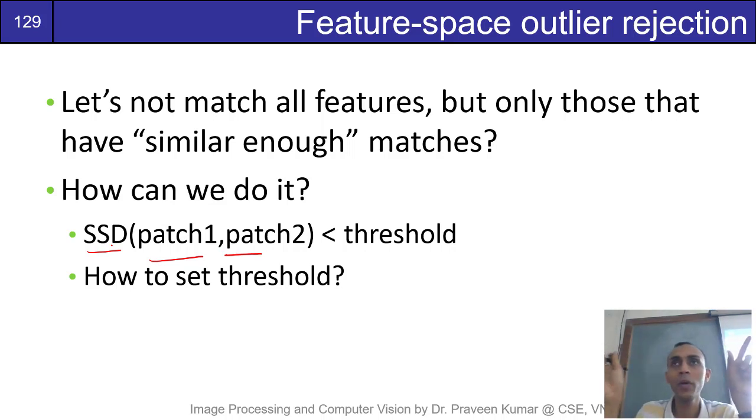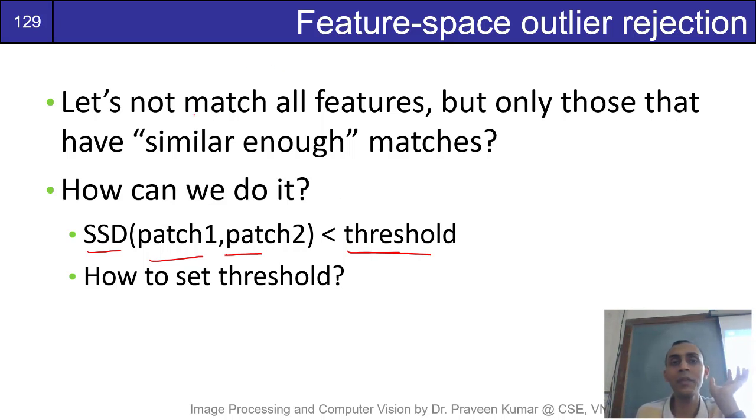We take a patch around one key point, another patch around the other, and see how close the template is. If that sum of square difference is less than a threshold, then there is a better chance of it being a correct match.